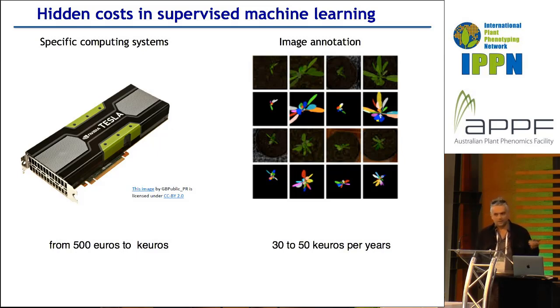Also, and this is the new bottleneck, image annotation. Typically, the company we're working with pays one biologist a year just to annotate images and to go back to the agriculturalist or the other biologists to say, okay, is it good, is it not good, what are the subtle details that I missed, and so on. So 30 to 50 kilo euros per year if you want to run this in different situations.